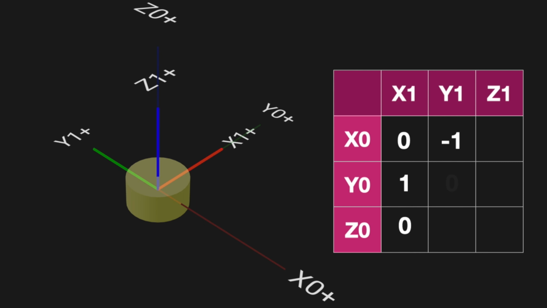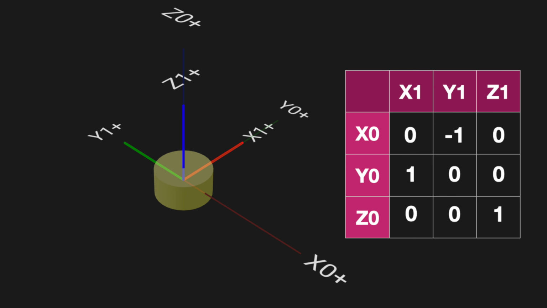Because that green line is facing the opposite of the original red line, so it's the negative of the original x0. There is a 0 projection of y1 on y0 and a 0 projection of y1 on z0. Finally, z, because we rotated around the z-axis, has no projection on x0, no projection on y0, and is in the exact same direction as the original z0, so we put a 1 here.